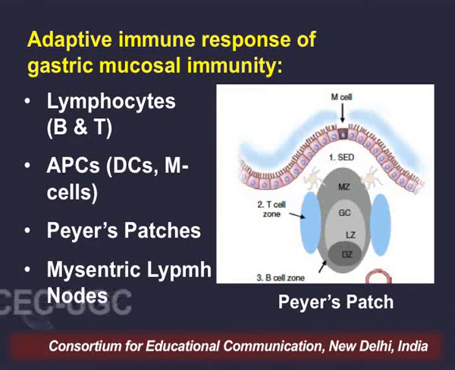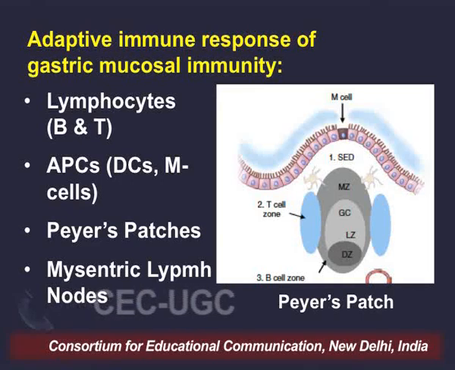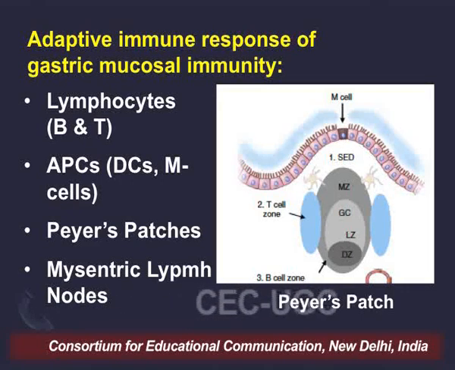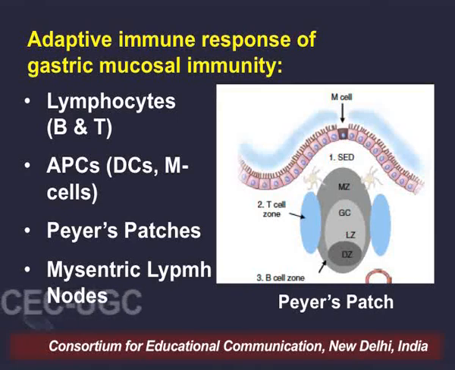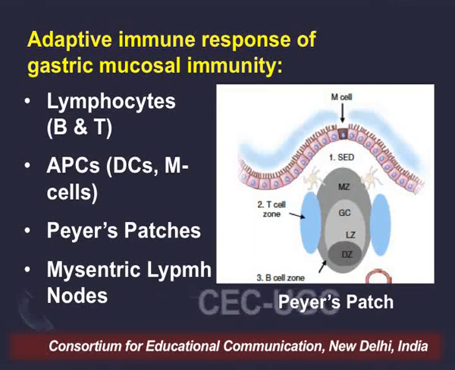So the space between the epithelium and these follicles is known as subepithelial dome, and this SED region is filled with T cells, B cells, or the mature B cells which can secrete antibody, and these mature B cells we know are also known as plasma cells, macrophages and dendritic cells.